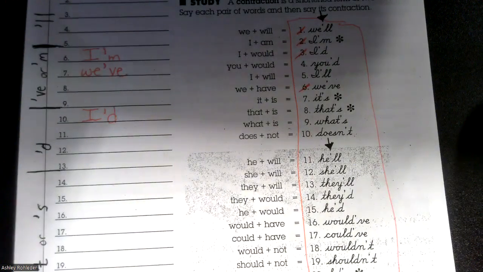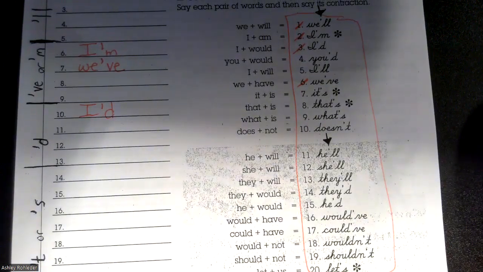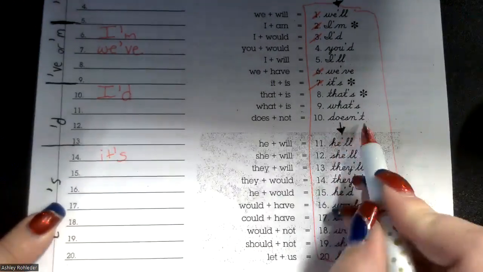Okay, numbers 14 through 20. They either end in an apostrophe S or an apostrophe T. So what would be the first one? It's. I-T apostrophe S. Okay, then you'd have that's and what's. What's the first one that ends in a T?